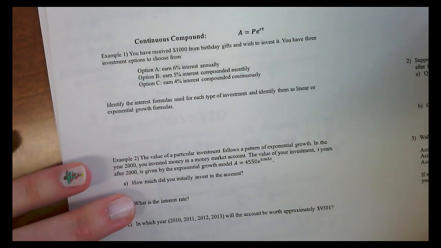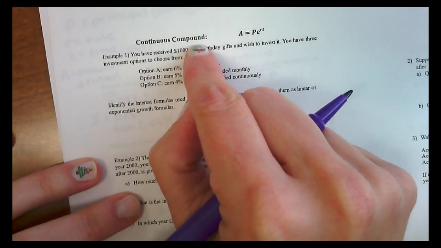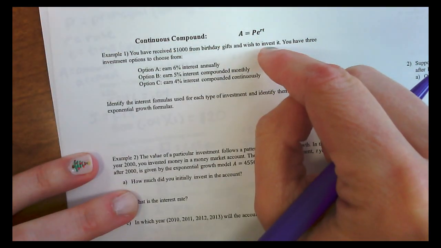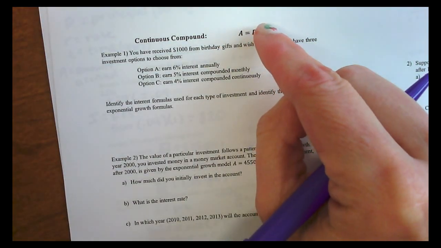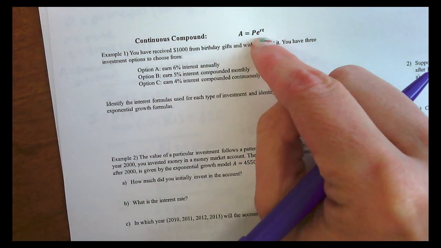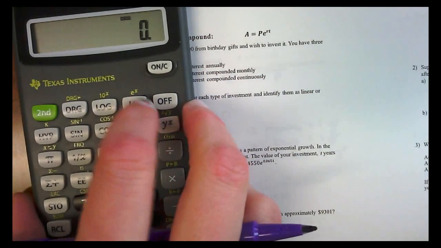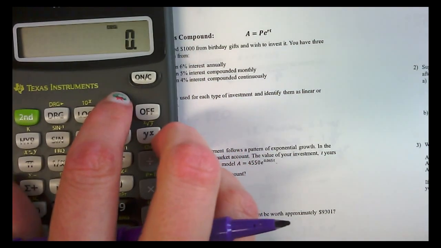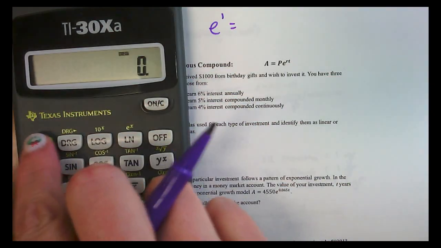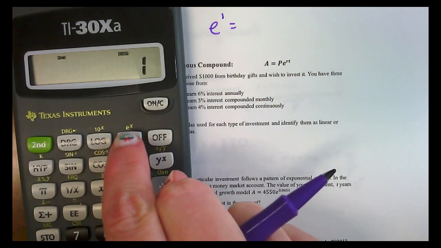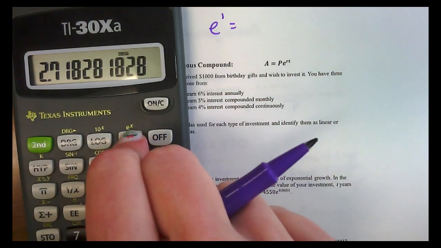Right, today we have a new formula. We have continuous compound, which introduces this E value. So this number E here, it's a number, okay? If I look on my calculator, I'm going to see this that says E to the X. So if I were to type in E to the first, so I'm going to hit the number 1 for the exponent, and then I'm going to hit the green button and then this button.